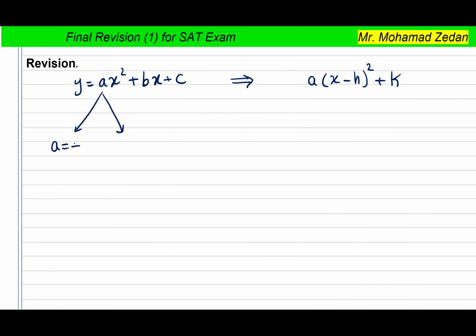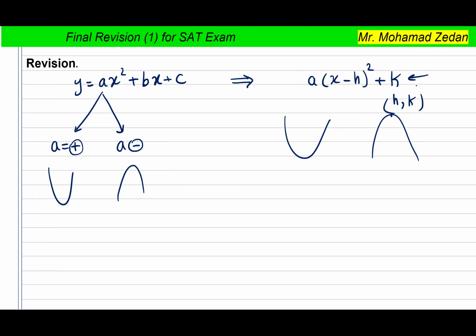If a is a positive number, the parabola opens upward, and if a is a negative value, the parabola opens downward. H and k represent the vertex. So if you're given the quadratic equation in vertex form, you already have the vertex. For example, 2 times (x minus 5) all squared plus 3: the vertex here is simply (5, 3).